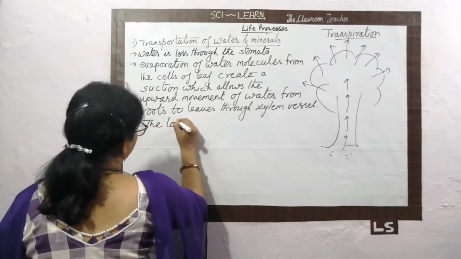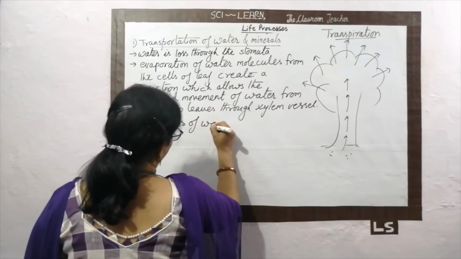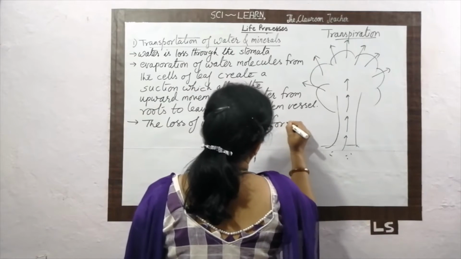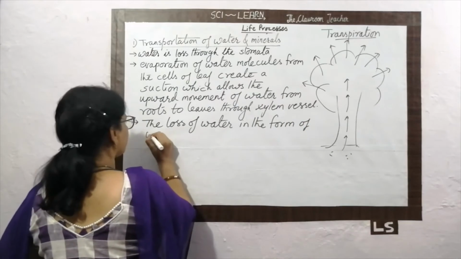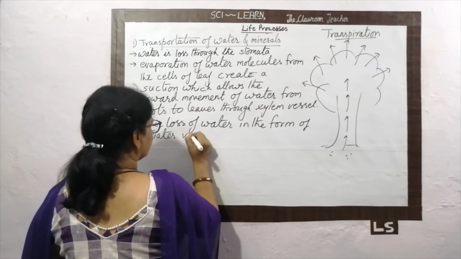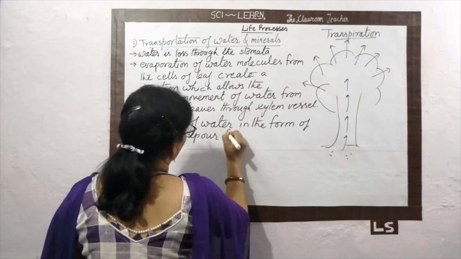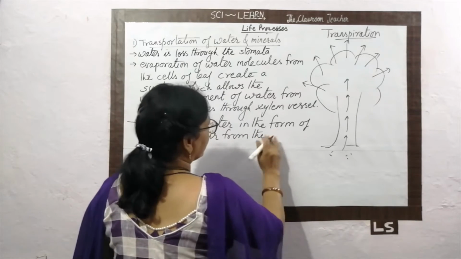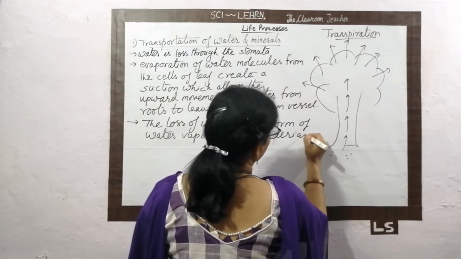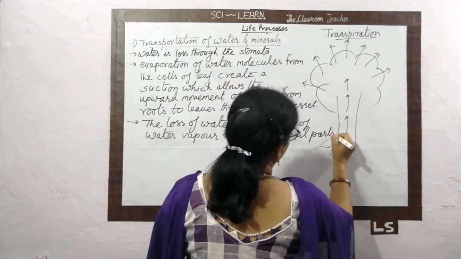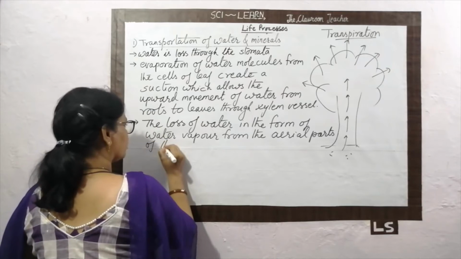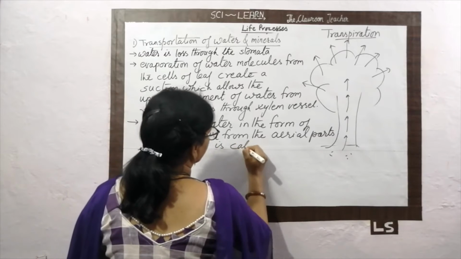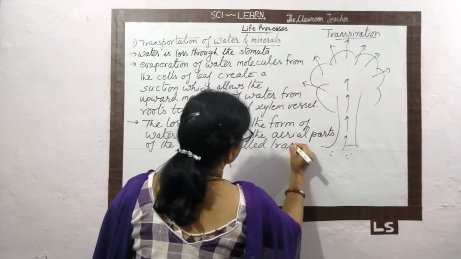The loss of water in the form of water vapor from the aerial part of the plant is called transpiration.